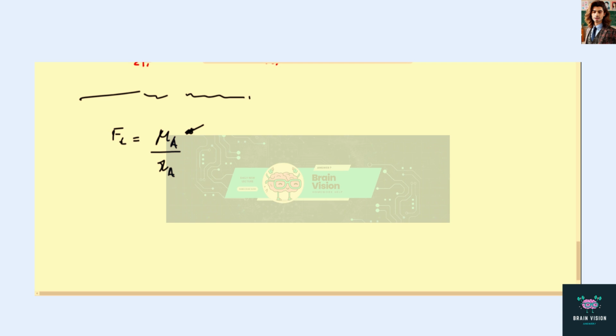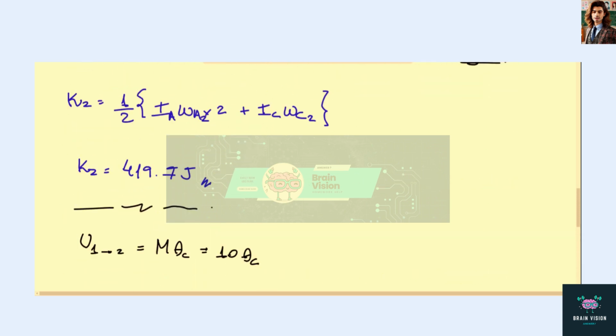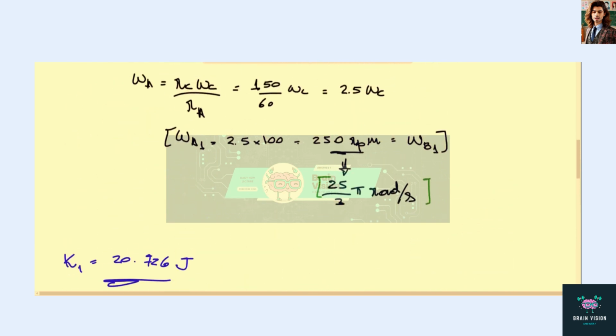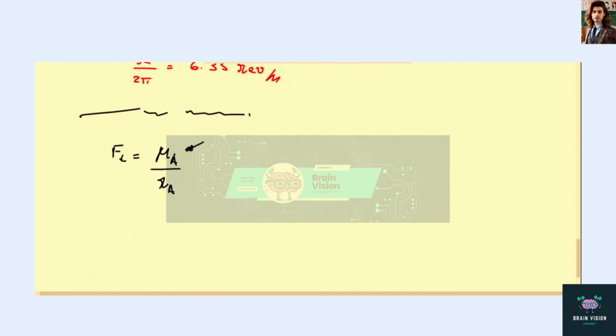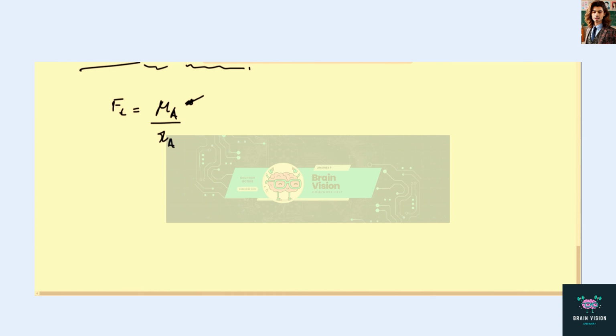So, to calculate this, we will use the same equation we used to calculate part A. We're going to use the kinetic energy, the principle of work and energy. Therefore, let's do it here. The principle of work and energy for only the gear A, we are not looking at the entire system anymore, only for gear A: K1A plus MA theta A equal K2A.